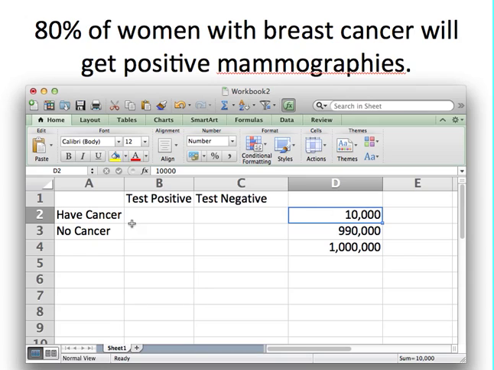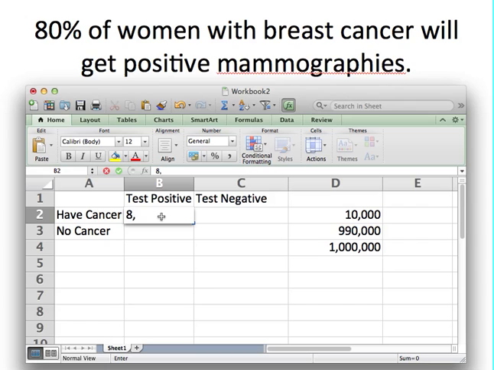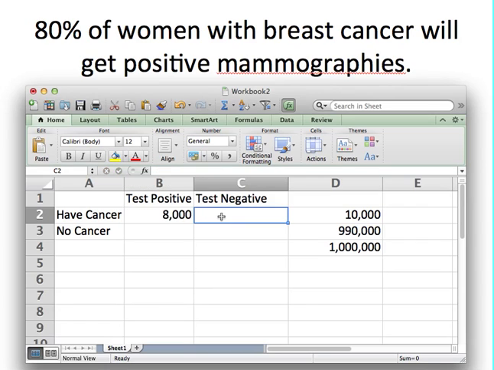So we know we're working with those who have cancer, which means we're working with 10,000. That means 80% of the 10,000 that actually have cancer, 8 out of 10 of them, will receive a positive result. So that's going to be 8,000 women who get a true positive result. They have cancer, and the test confirms that they have cancer, and the test is actually right.